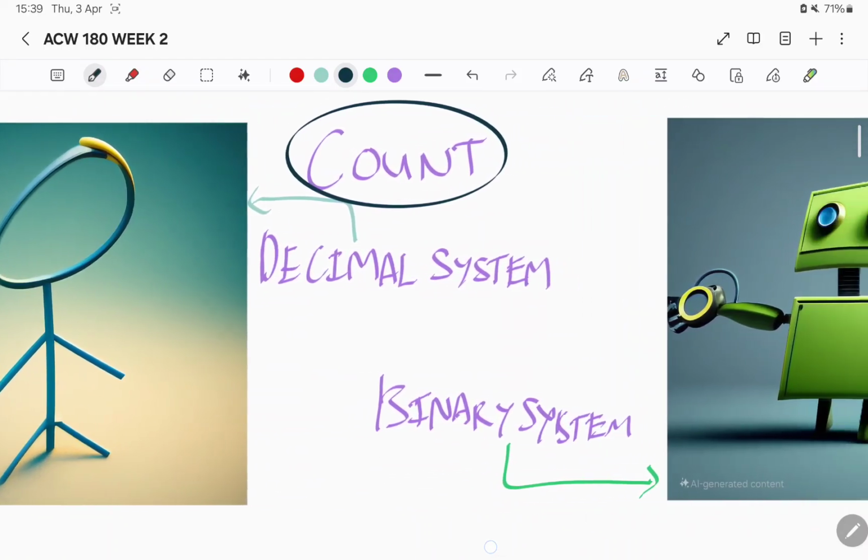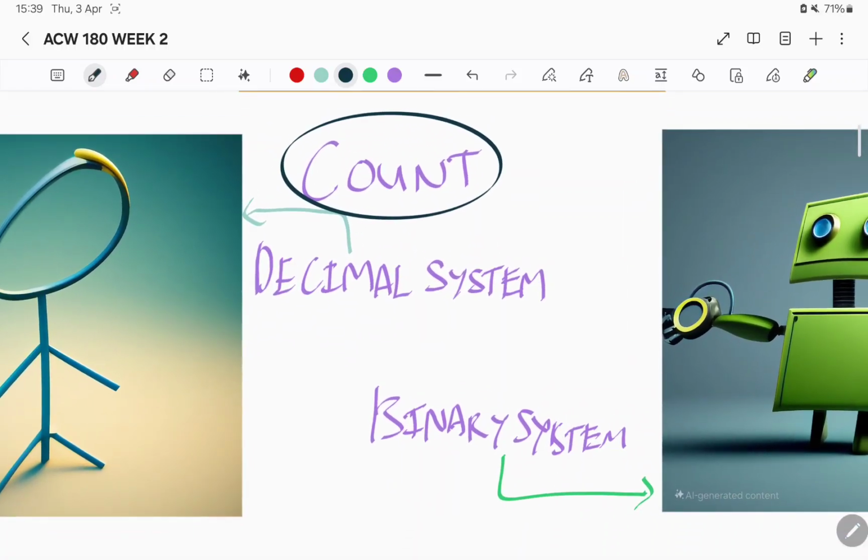This is the foremost concept you must accept. What is decimal? What is binary? Decimal is basically 0 to 9. But binary means only 0 and 1.